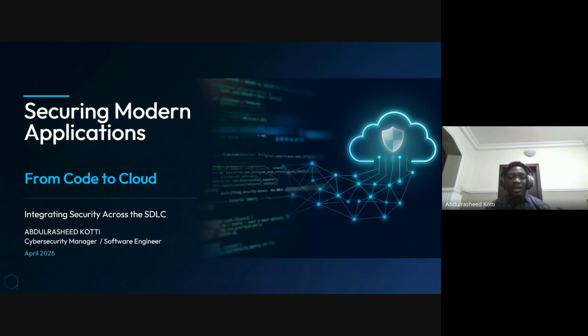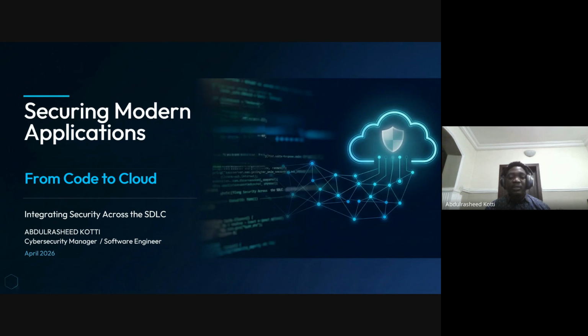Now these apps are no longer as simple as they used to be in the past. They are now built using many parts that connect together, and these parts might be code that is written by its developers. It might also be external tools and cloud platforms where the app runs.